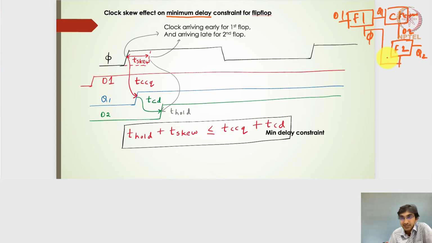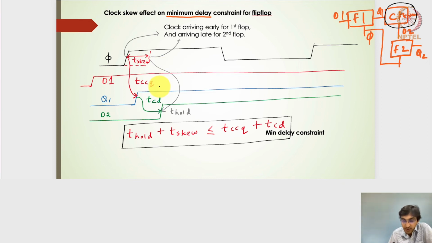And in that case, because it's a worst case condition for the minimum delay constraints, we have to ensure that the combinatorial circuit's TCD, the contamination delay, should still not violate the hold time failures. So if I have the clock here and the dotted lines as the skewed clock, I'm saying the clock is arriving early for the first flop and late for the second flop, right?